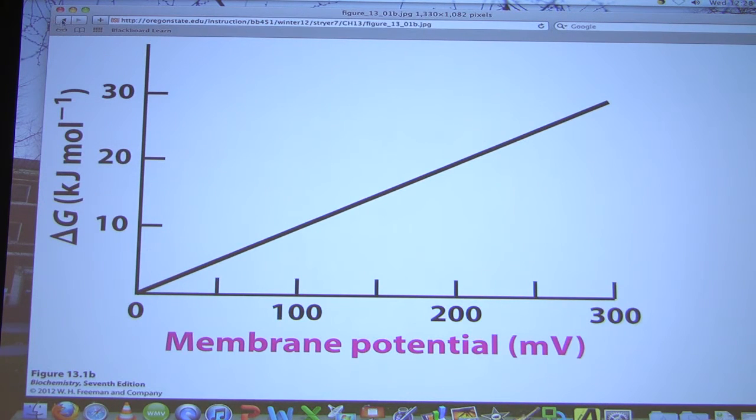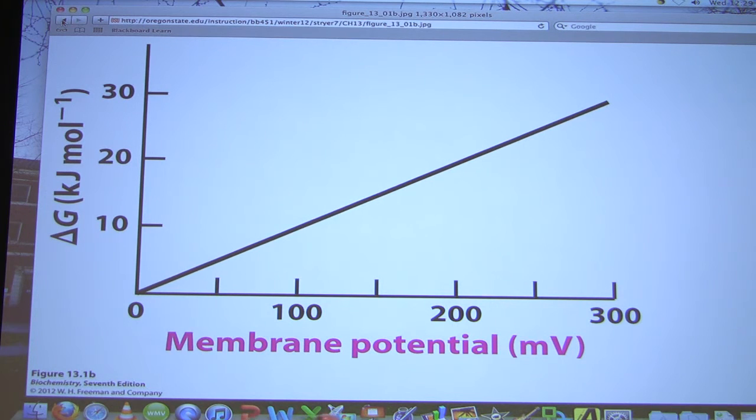Okay. Now, this brings up what was just asked in the front, that what I just described to you is a simple concentration. This shows that the same phenomenon holds with respect to charge. So just as a chemical concentration of, say, glucose on one side versus the other side will have energy associated with it, so too will a charge difference.